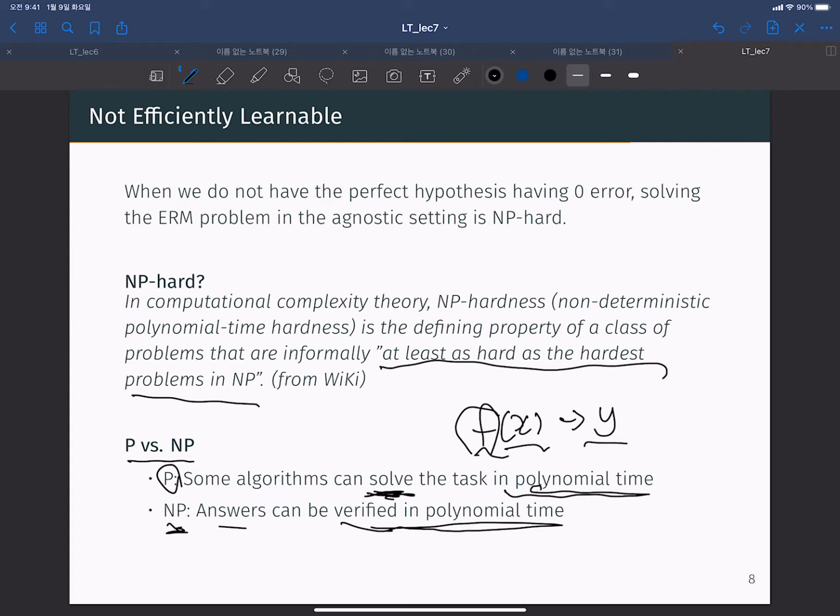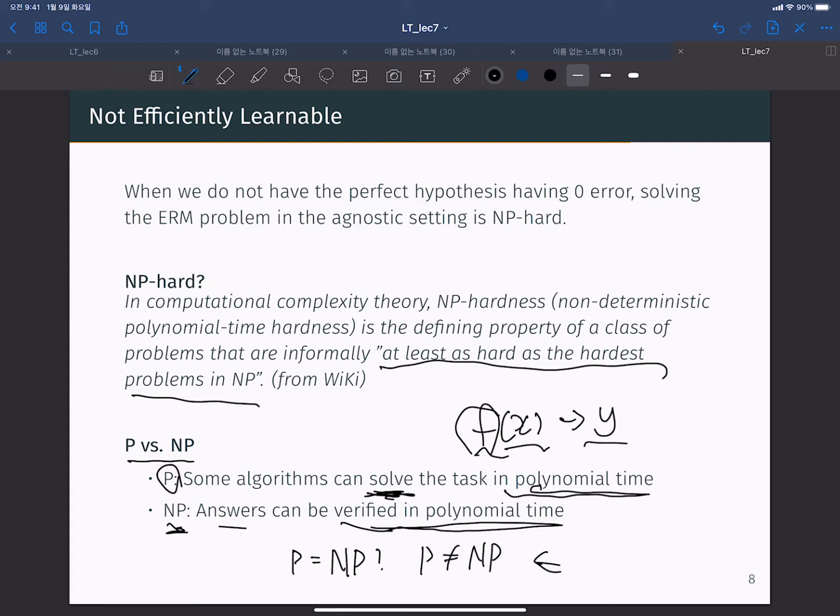We can verify the answer in polynomial time. The question of whether P equals NP or P is not equal to NP is a very long-standing question, and if you can answer it, you can be famous and you can be rich.